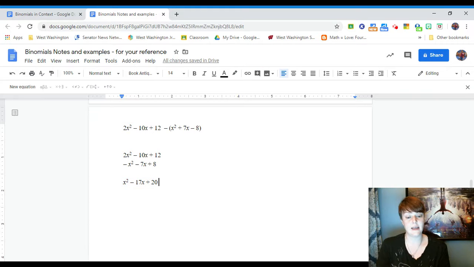And so that's how we add and subtract these things. You saw how I did that. I just moved this over to the next line and subtracted it. But all you're doing is combining your like terms here, okay? And so that's going to be a valuable skill for that last problem.